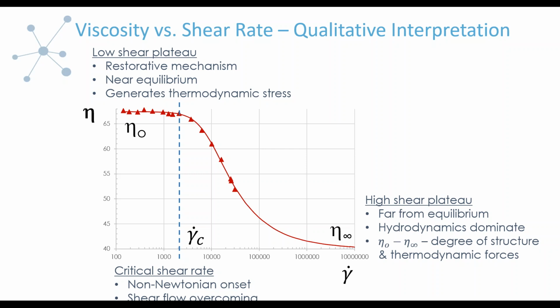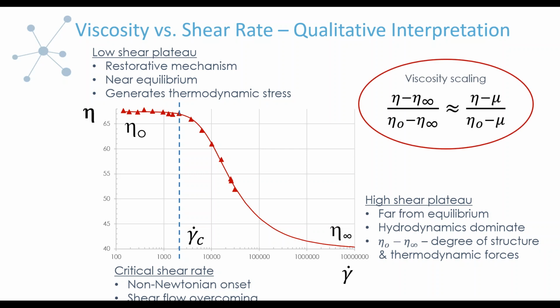So what we know is then that this difference here between the zero shear plateau and the high shear plateau is a gauge of these non-hydrodynamic or thermodynamic forces that exist, or stresses, and the degree of structure or microstructure or spatial arrangement that exists due to them, and what sort of resistance to the flow is offered by the system.